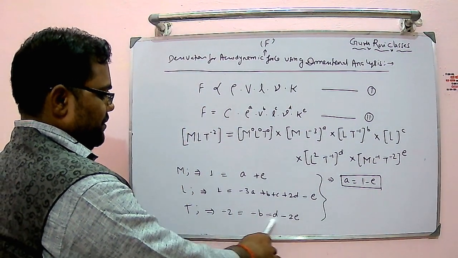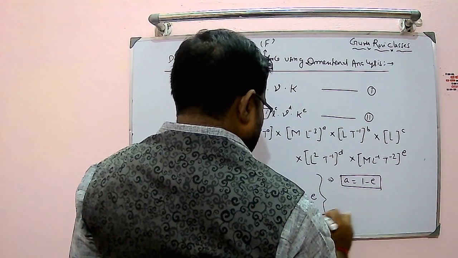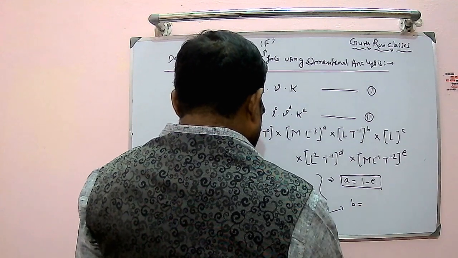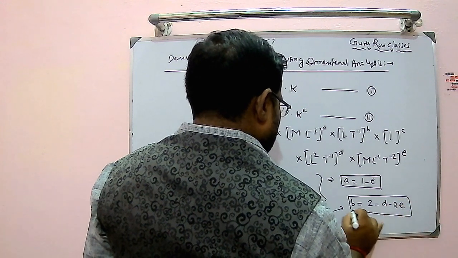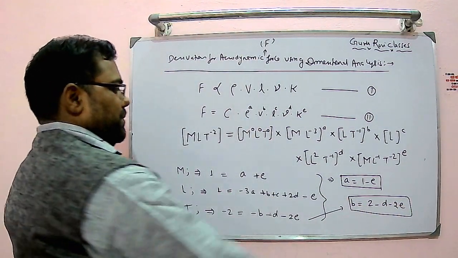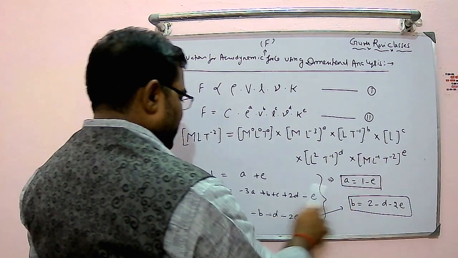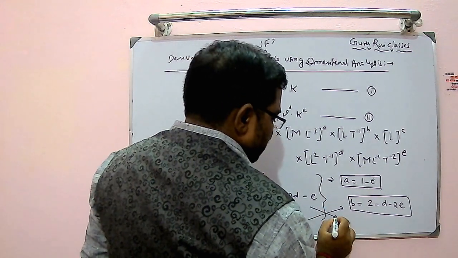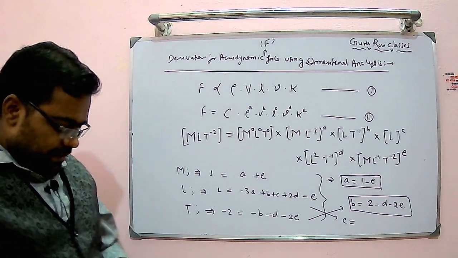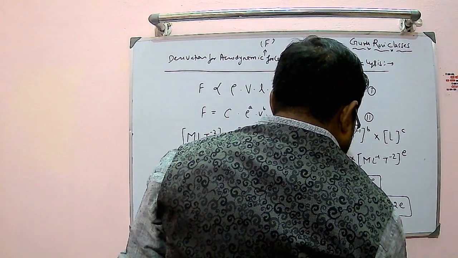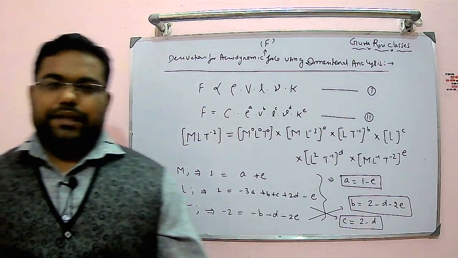And B can be written simply from this: take B to this side, B is equal to 2 minus D minus 2 times E. So B is also known to you in terms of D and E. Now substitute these A and B here to get C. If you substitute A and B here, you can get C. Just substitute, and I will give you the direct value of C. This is coming as 2 minus D. So I got all the values of A, B, C.